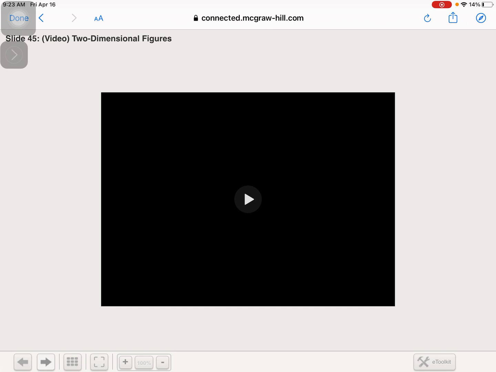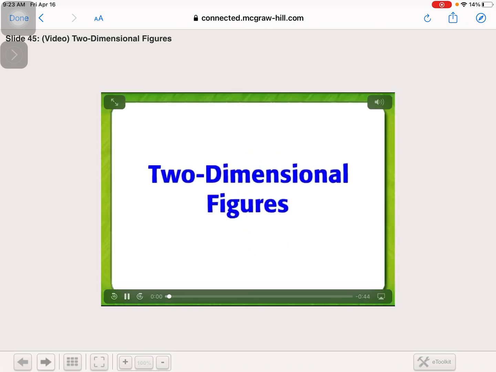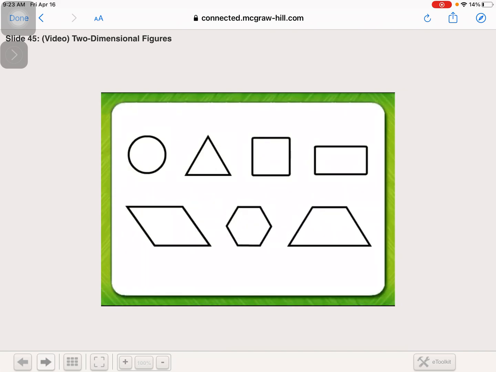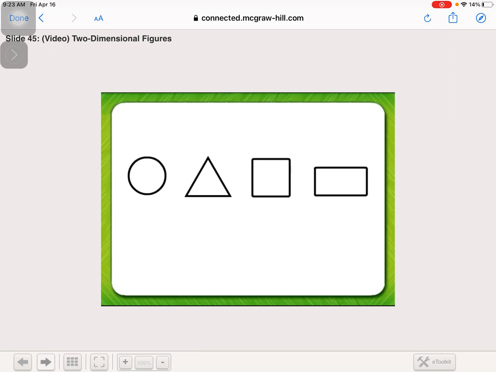Okay, let's watch now about two-dimensional figures. These figures are all two-dimensional figures. A two-dimensional figure is a plane shape with only length and width. Let's look at the top row of two-dimensional figures and say their names together.